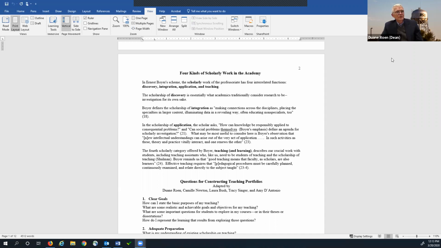And then the scholarship of integration means, how do we make connections across the disciplines? Because the big problems in the world almost never can be solved from a single disciplinary perspective. For example, the one we're dealing with right now, coronavirus. We've got people from a wide range of disciplines at ASU working on that.